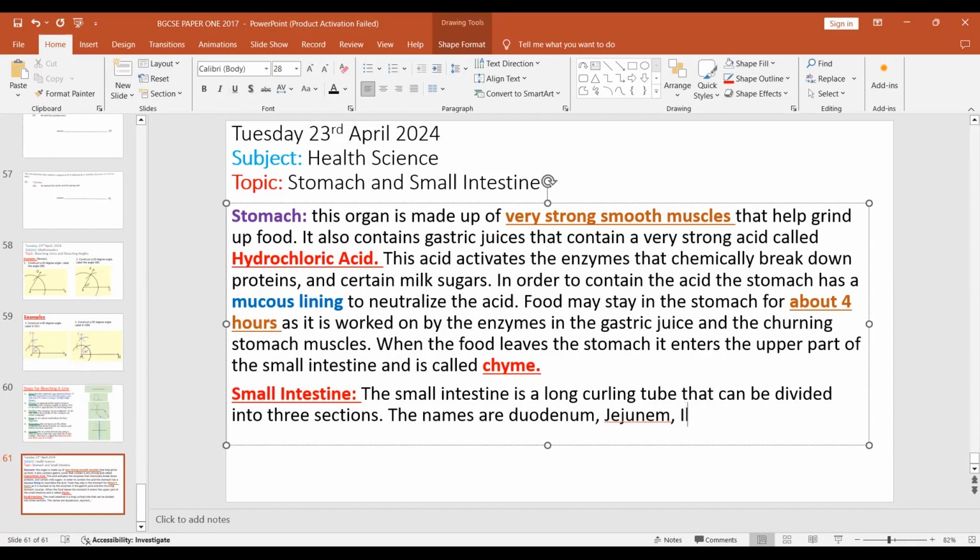That's capital ILEUM. Duodenum, and let me spell it, JEJUNUM. Yeah. So this is the name of the 3 parts.